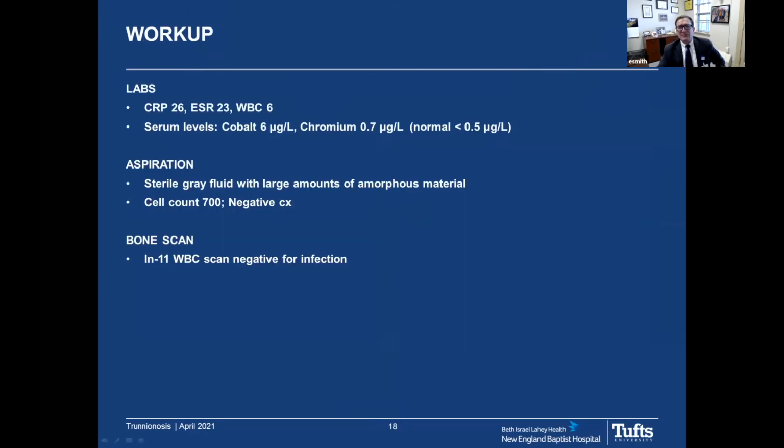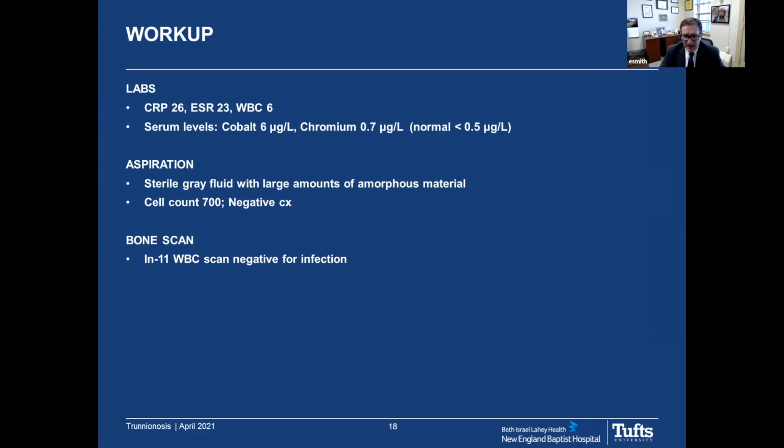The labs: CRP was elevated, but not too elevated. ESR, again, elevated, but not crazy elevated. Cobalt and chromium levels were elevated, particularly the cobalt. The aspiration was concerning. Initially, there was concern for infection. It was a sterile gray fluid that looked purulent, but the cell count came back as 700, relatively low. Cultures were negative.